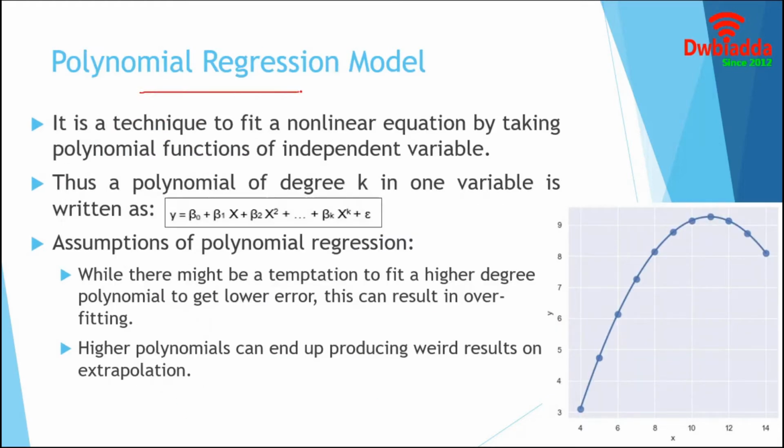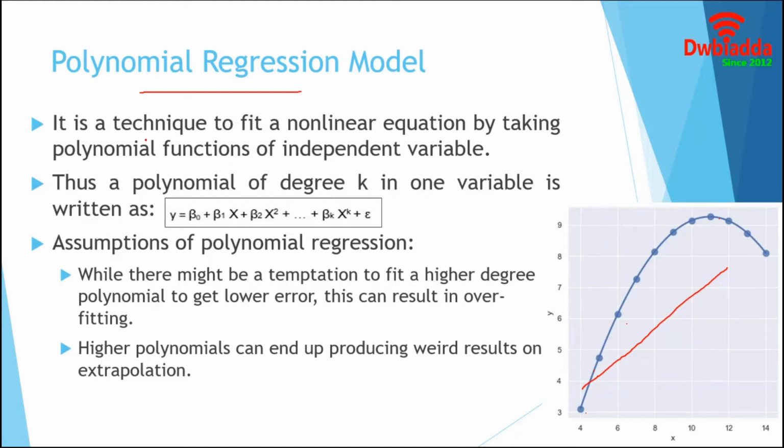Now, the polynomial regression model. Let's consider this plot first. We have some observations. If we want to generate a linear relationship, it will be like this, but this is not the best fit for this set of observations. We may use a polynomial curve that fits the observations. We have to consider the situation and try to fit our line to the observations.